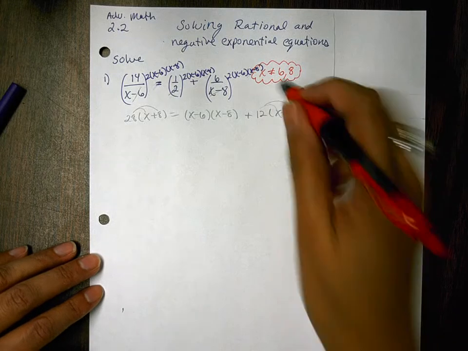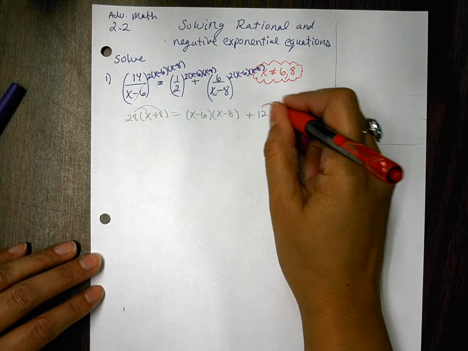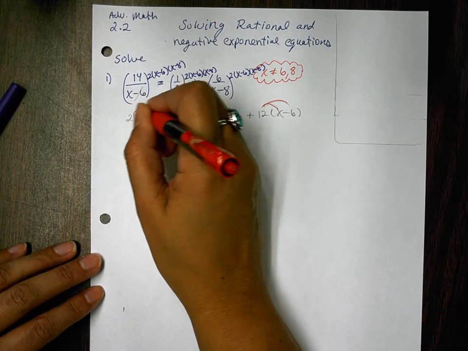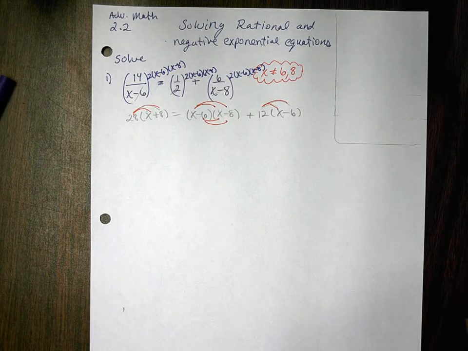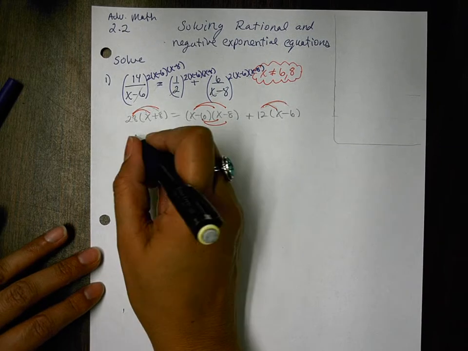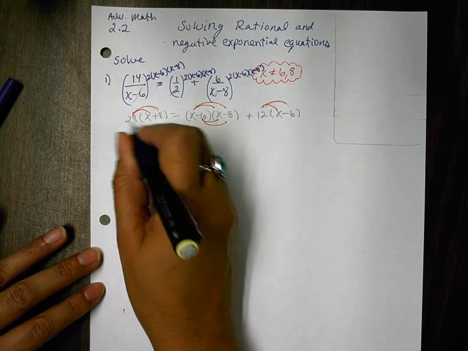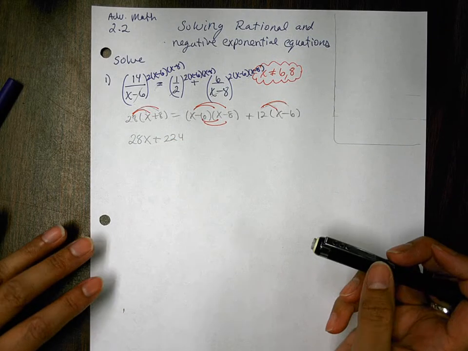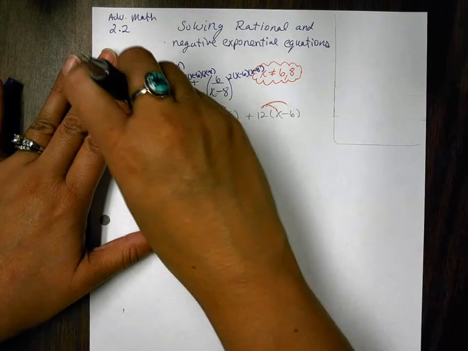So there's a lot of work going on here. We have to distribute the 12, we have to double distribute, and then we have to distribute the 28. Let's do that now. 28 times x is 28x, plus 28 times 8 is 224. I did write this as a plus 8, and it should have been a minus.